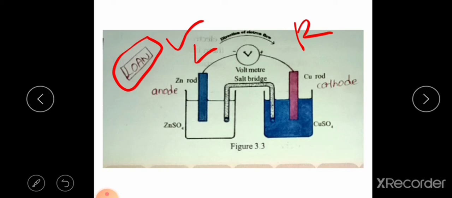I already told you, the highly reactive metal always undergoes oxidation, and that electrode is known as the anode. The anode charge is negative.